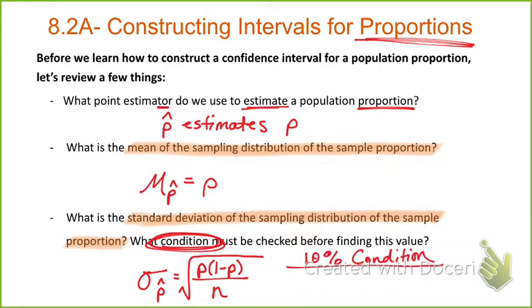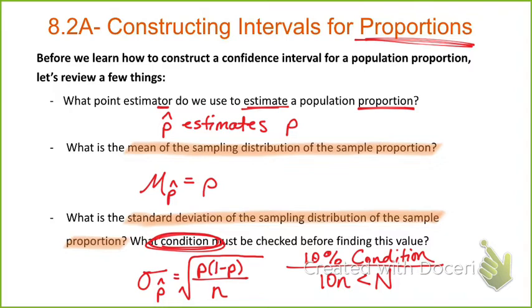And remember, the 10% condition was that 10 times the sample size of little n had to be less than the population size of big N. And I've been telling you guys for like a month now that I would tell you why this is important, and today is that day. Just not yet. Give me a few minutes and I'll tell you. So today is the day that we're going to talk about why that 10% condition is a thing.